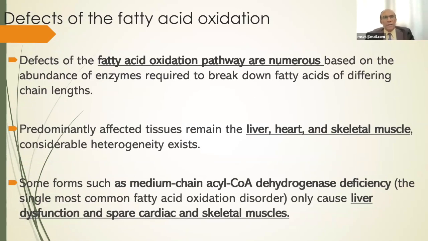The other is the defects of the fatty acid oxidation. Defects in the fatty acid oxidation are numerous. There are many enzymes involved, but they predominantly affect the liver, heart, skeletal muscle.